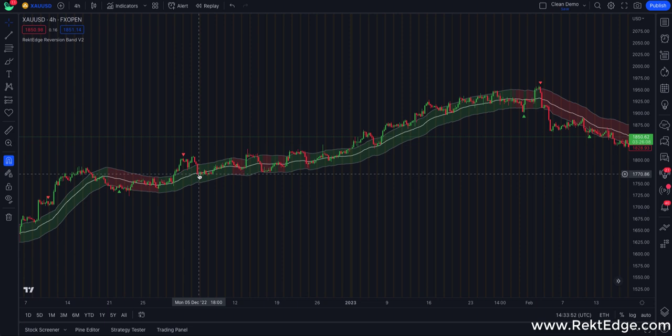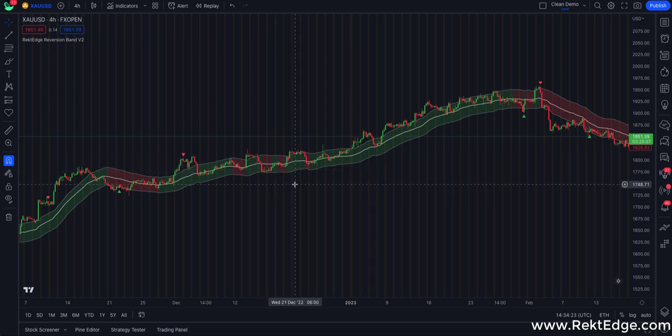Price sold off into the band, pretty much held the midpoint of the band, got back up above, tested the midpoint of the band as support, rallied to the upper boundary of the band, sold back off to the midpoint, rallied again above the band, sold back off to the bottom part of the band, back to the midpoint, and you could see how well price respects the boundaries of the band, including the midpoint.